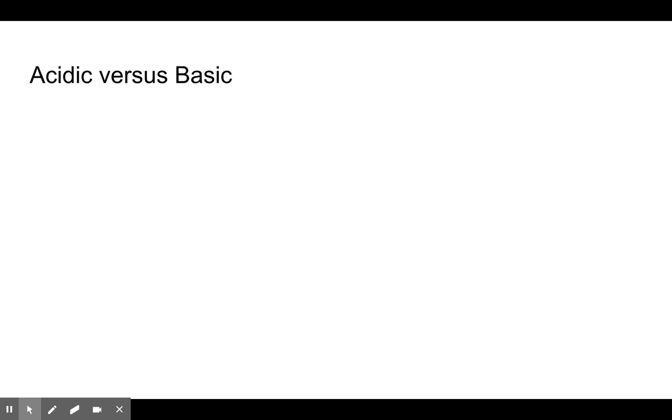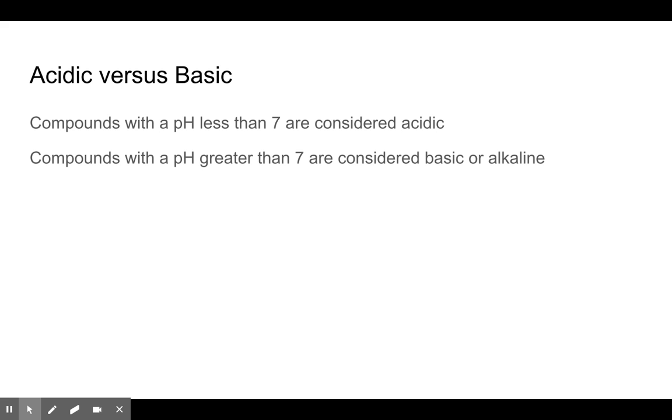Now, when we talk about something being acidic or basic, compounds with a pH of less than 7 are considered acidic, or acids. Compounds with a pH greater than 7 are considered basic, or once again, alkaline. Now, here's where it gets a little tricky. Compounds that have a pH equal to 7 are considered neutral.